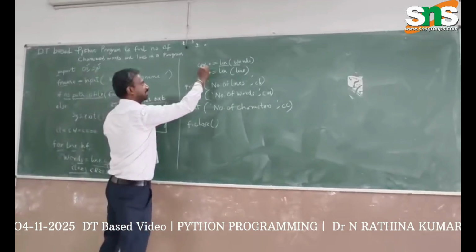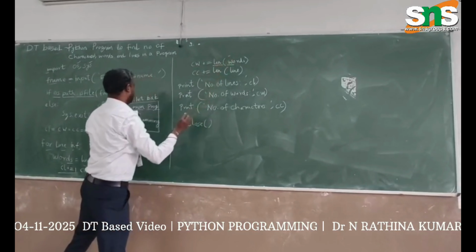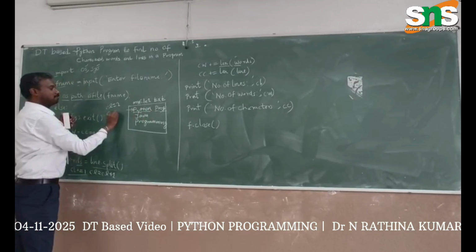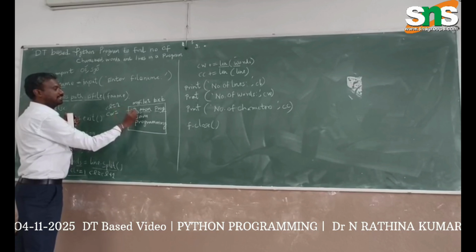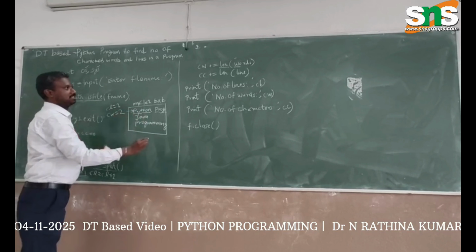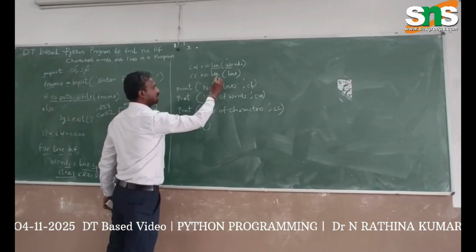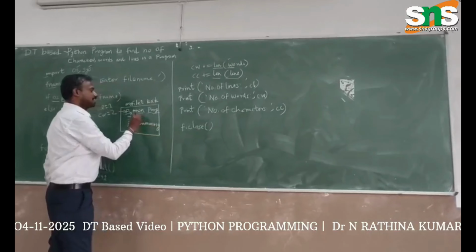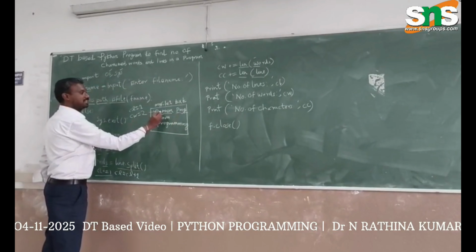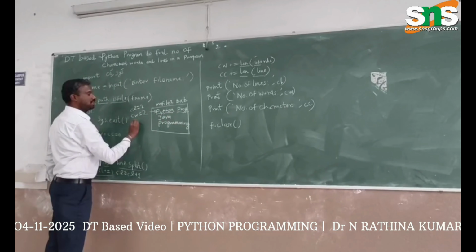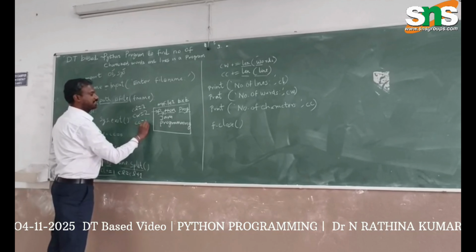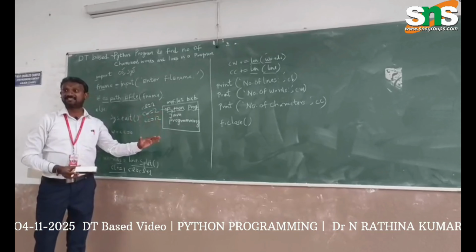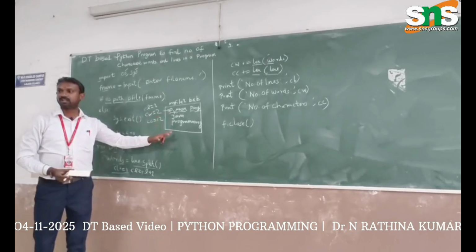Then with the help of CW, this particular line, we calculate how many words there are. For example, CW equals, in the first line, we have 2 words. The third one is the length function, which is used to calculate the number of characters. For example, here the number of characters is 12, so now CC contains 12. After that, the loop does not exit, because we have another 2 lines.